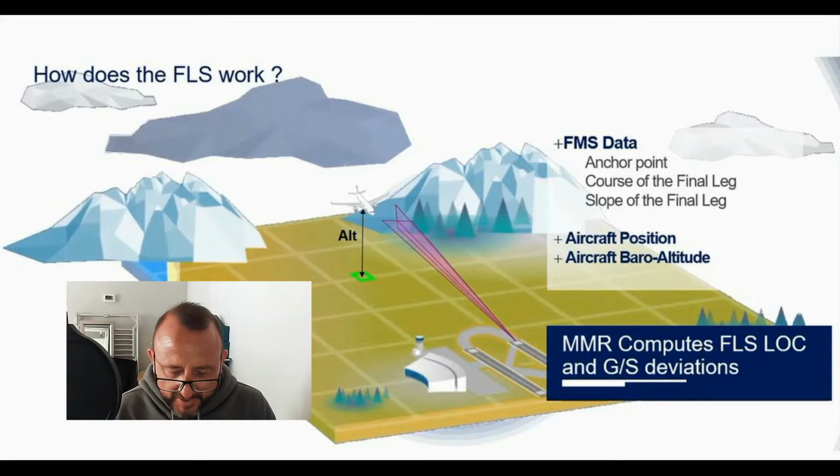Primarily, I think, because you can't use an inbound course more than 50 degrees off of the runway QDM. So I think that sort of radius turns, etc., would put it outside of the FLS remit. So basically all non-precision approaches except RNP AR. So very useful bit of kit.